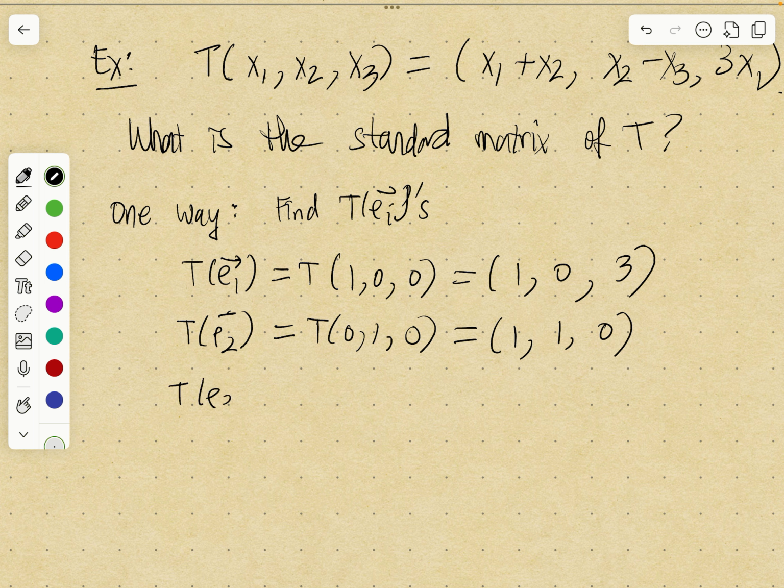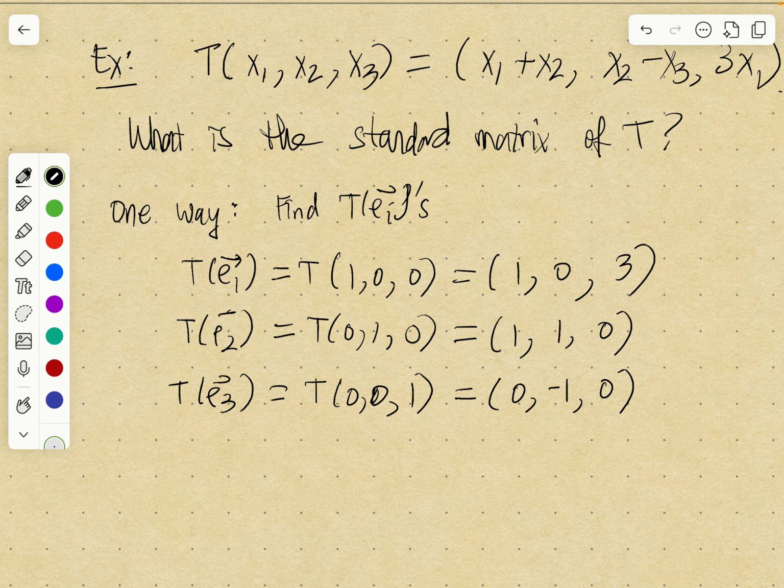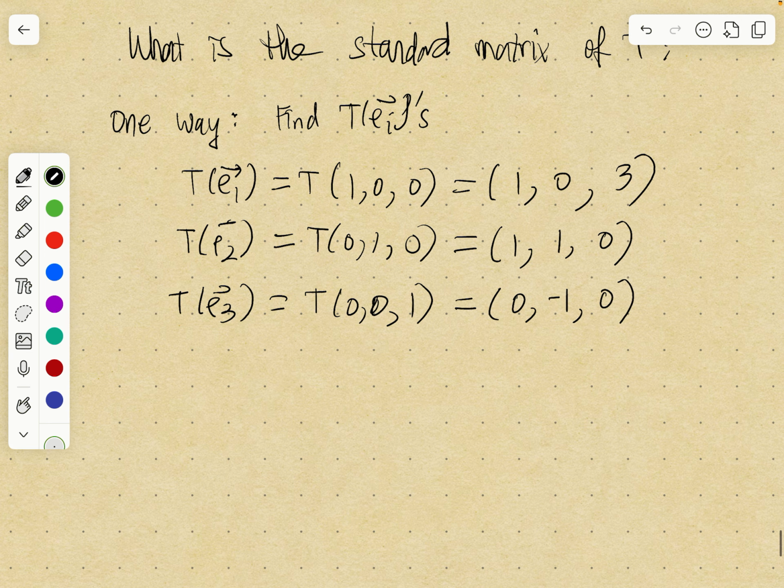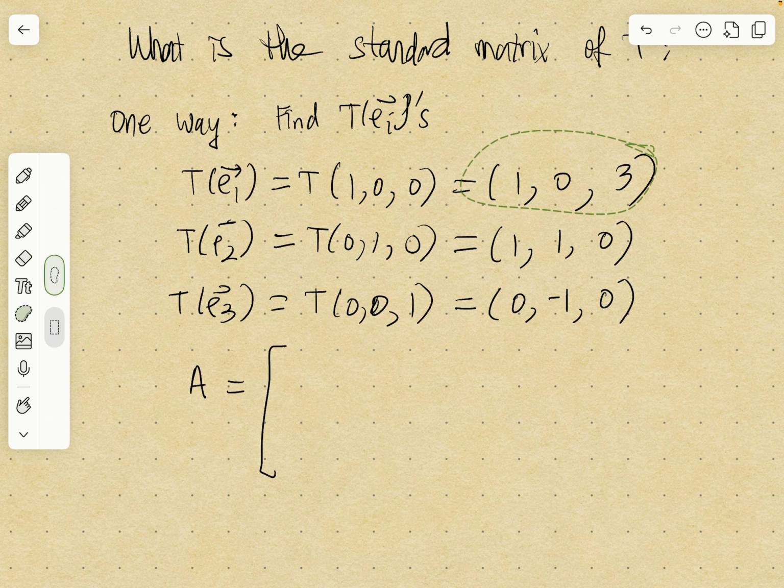And now when I plug in e3, I'm going to get T of 0, 0, 1, and what am I going to get? I'm going to get 0, negative 1, 0. And so therefore my A, well, I have the three columns: 1, 0, 3 is my first column, 1, 1, 0 is my second column, third column is 0, negative 1, 0.